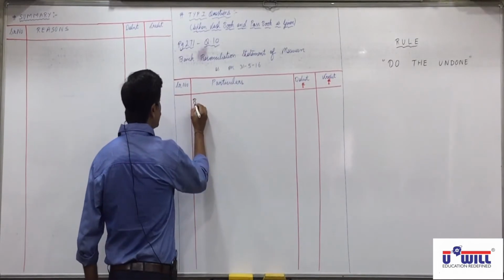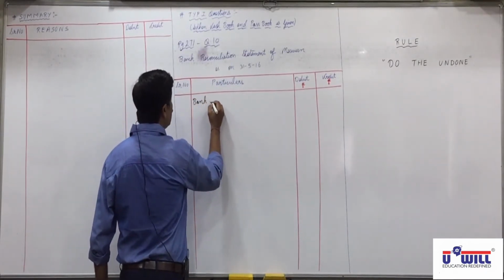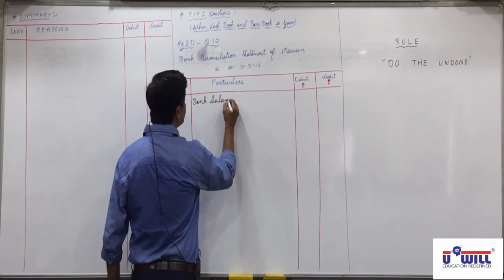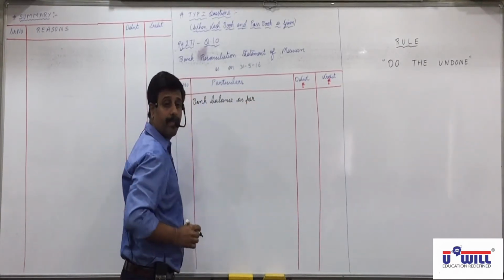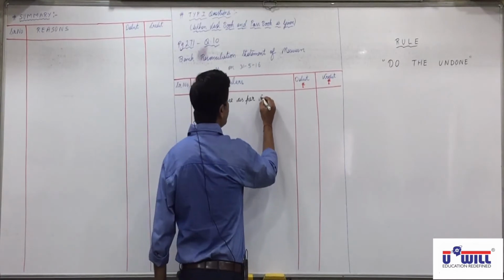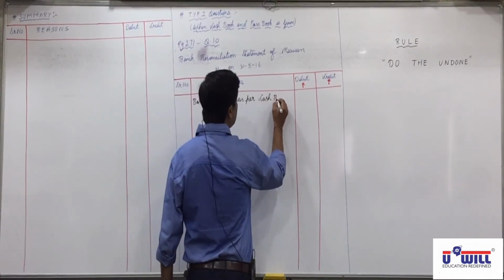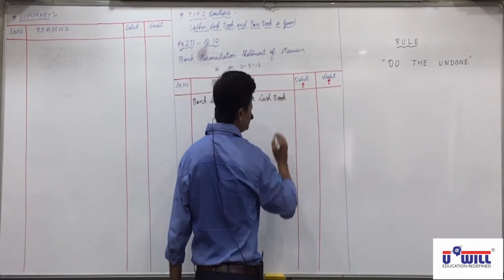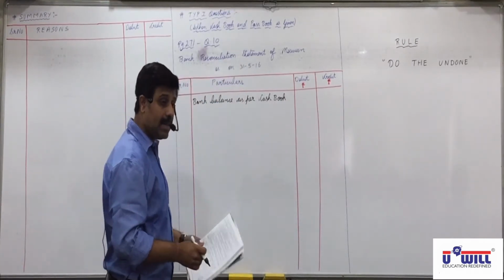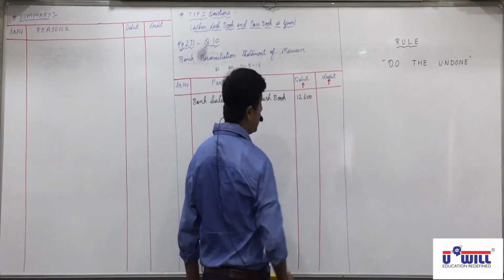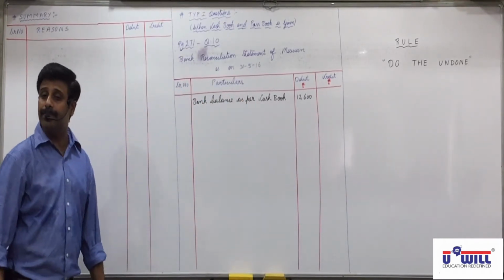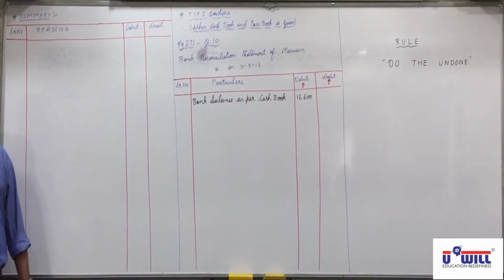Write down bank balance as per cash book. And since it is a debit balance, it will come in debit column 12,600.